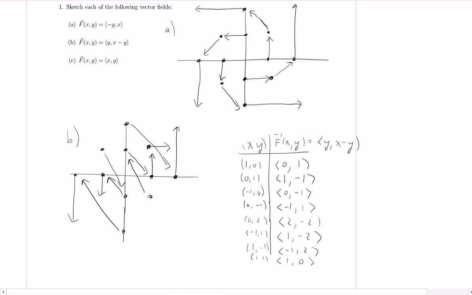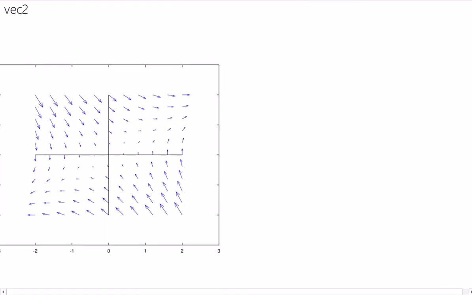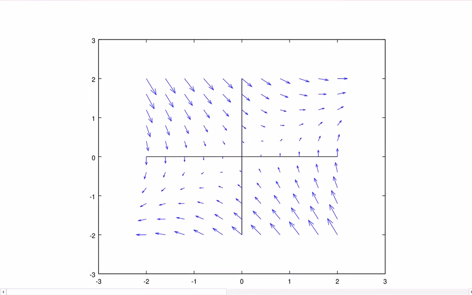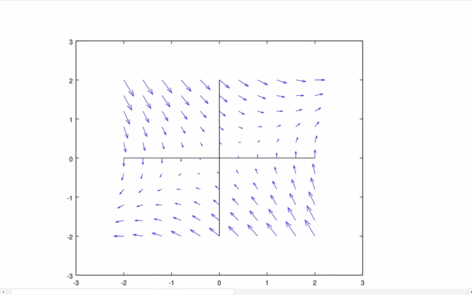Okay, it's getting kind of hard to see what this one is doing because we're starting to have a lot of arrows all over the place. But we could sit and do more and more, and this is the picture that we would start to see. Just like we saw in the picture we were drawing by hand, along the x-axis over here, they all point up, and they get longer as we go to the right.